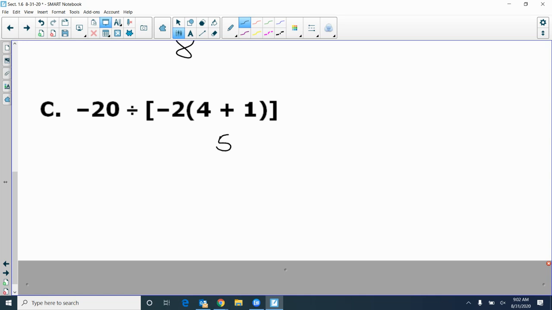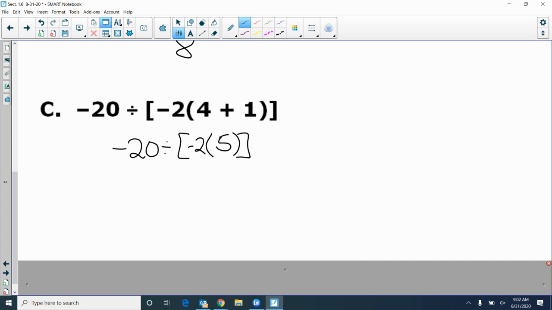I'm gonna bring down my brackets. I'm gonna leave this in parentheses, okay? And then negative 20 divided. So really all I did, I just combined those. And now I have this number butted up against that other number. What does that mean? Times. Good, it means multiplication, exactly. So I know I'm still working in this grouping symbol here.